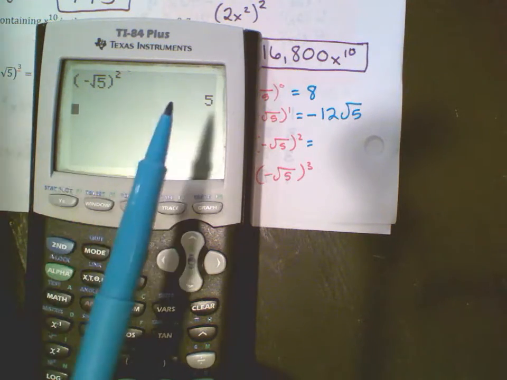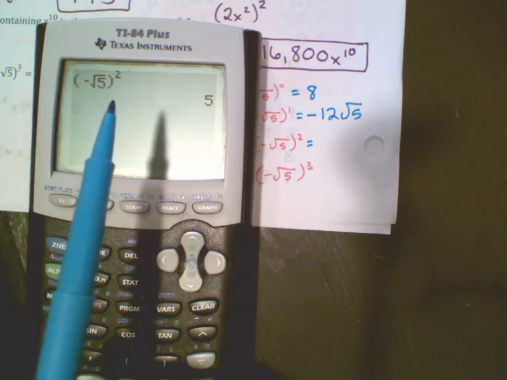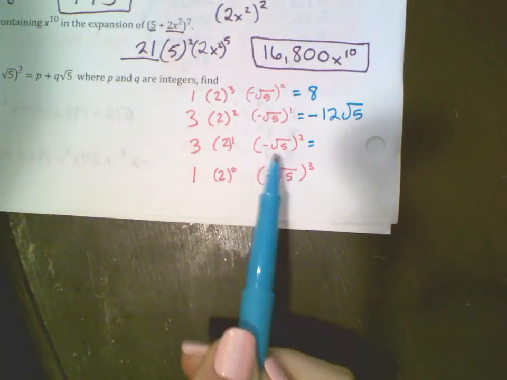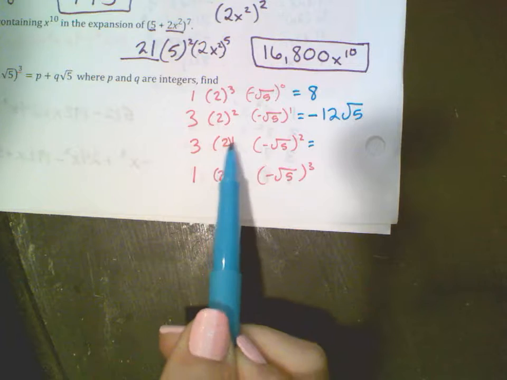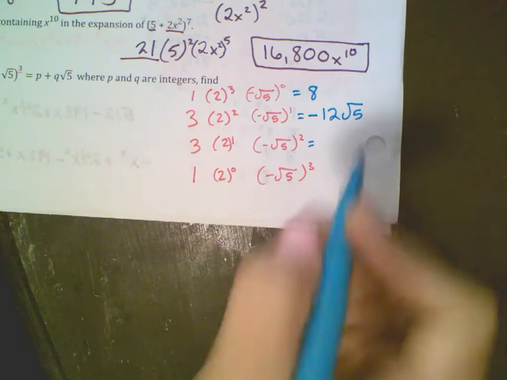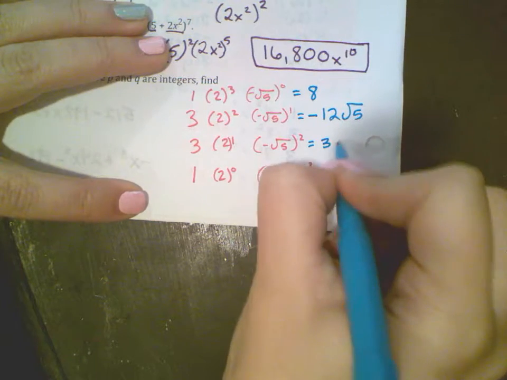Negative 1 times negative 1 is 1, times 5 gives you 5. So this is equal to 5. 2 to the first is 2, so 5 times 2 is 10, times 3 is 30.